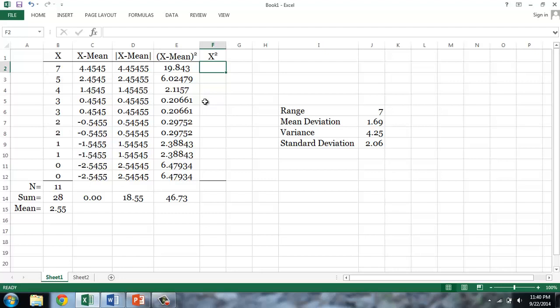So I can create one column and type in equals the score squared. As you can see, the square of 7 is 49. We can copy that down to the rest.